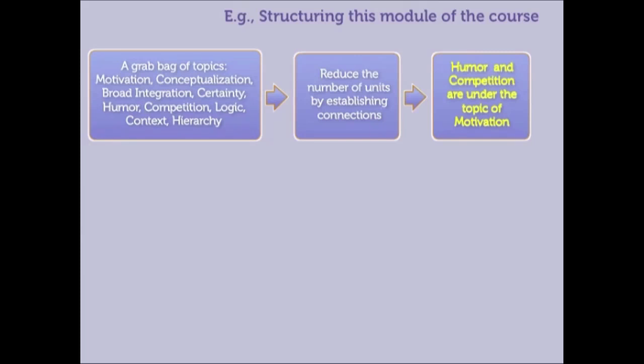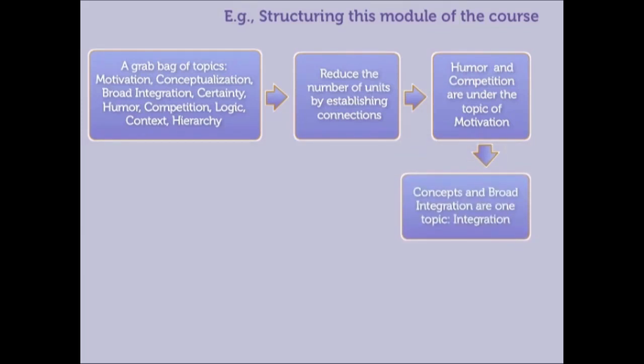Now I stopped for a while until one thought occurred to me, which was, what is the difference between this and this? I said, what is a concept? A concept is really an integration of perceptions. It's perceptions put together into a superunit. And what do I mean by integration in this broad sense?